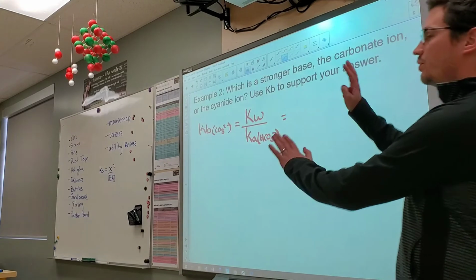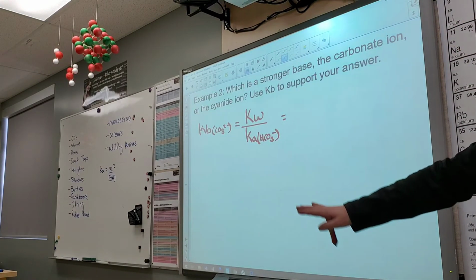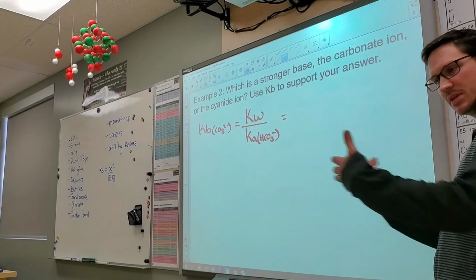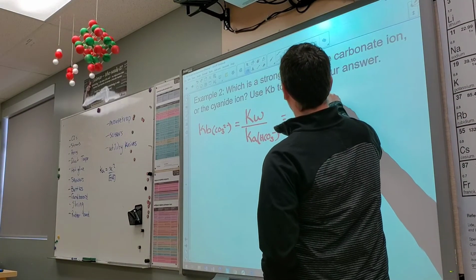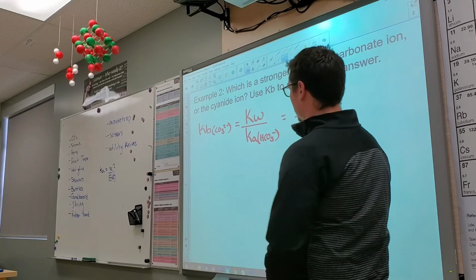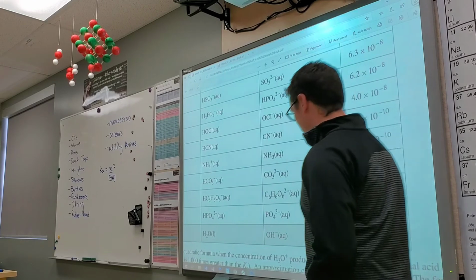So we're using the formula that we literally just learned about 20 seconds ago, but we're going to use it a few times to make sure it's ingrained in our minds. 1 times 10 to the negative 14 divided by the Ka of that thing, 4.7 times 10 to the negative 11.